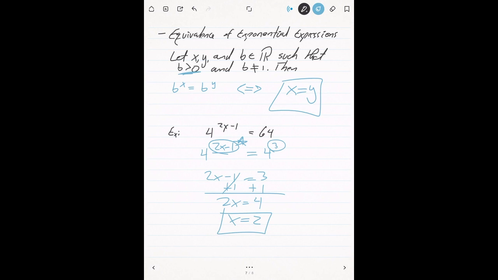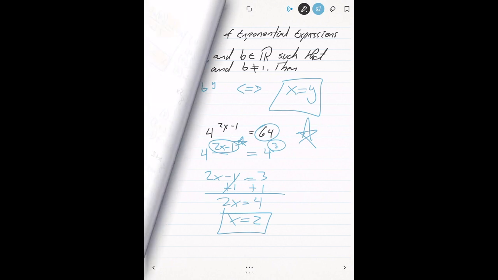Now, again, like the logarithmic problem, you can use this technique. However, it's not always going to be the most ideal. It worked very well for this problem. It was fantastic because this is a power of 4, actually. 4 is a root of it.